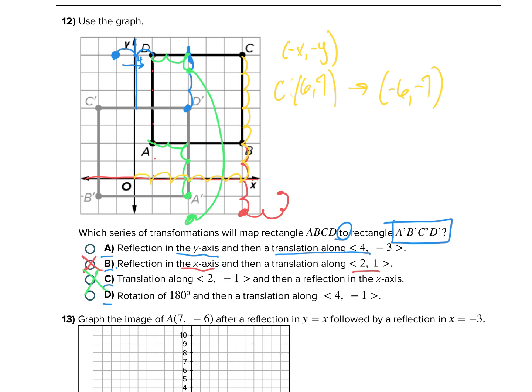So C, -6, 1, 2, 3, 4, 5, 6 goes right off the graph. Negative 7 would be down here somewhere. And the translation of 4 units to the right and 1 down. So again, D doesn't work.